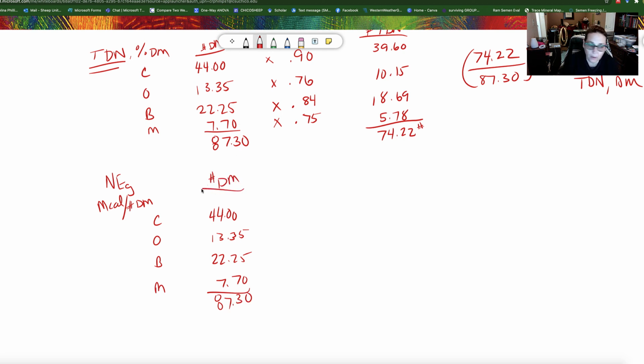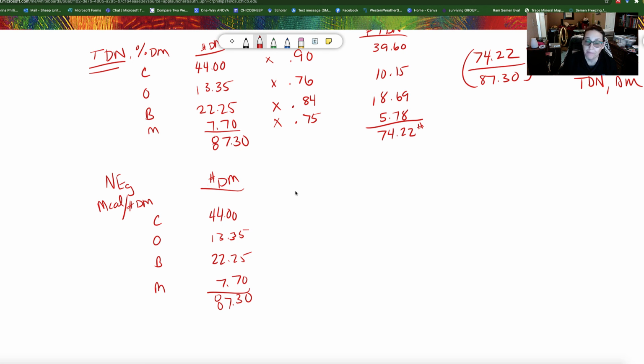Now we're going to multiply times the nutrient concentration. This time it's not a percentage per se. It is megacalories per pound. When you look up the net energy values on the Noble website, it reports them as megacalories per hundredweight, so you still have to move the decimal.